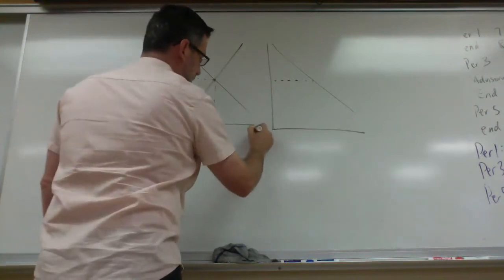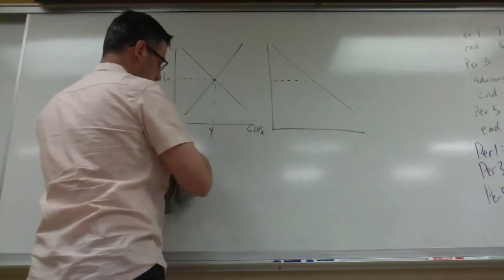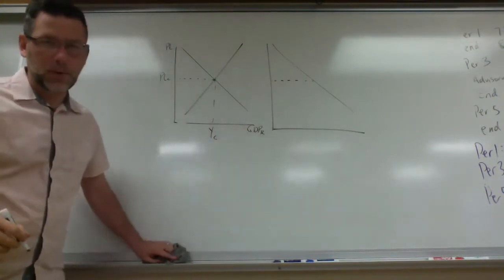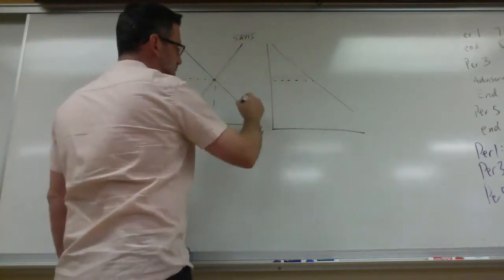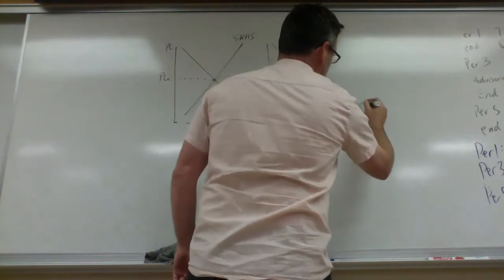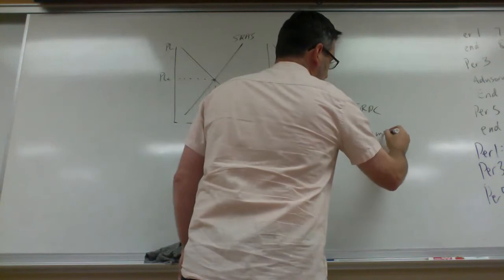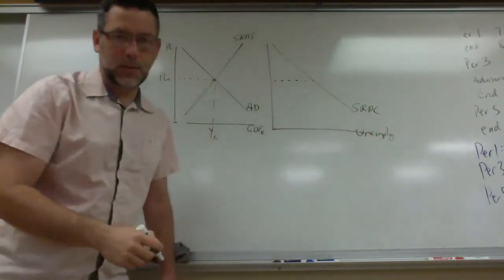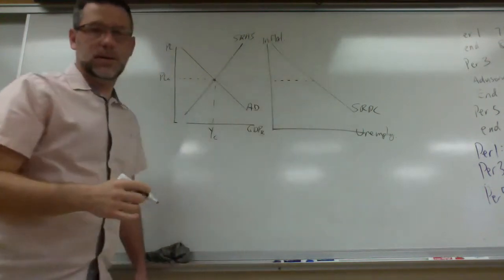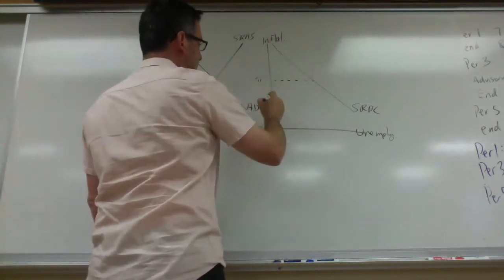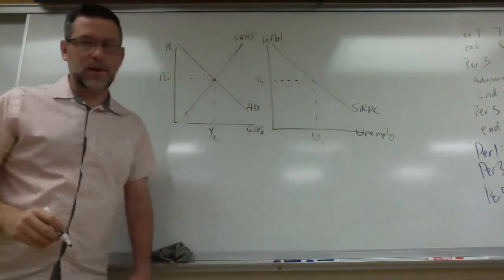This is going to be my current output. Short run aggregate supply, aggregate demand, label short run Phillips curve. We're going to label that unemployment. We're going to label this inflation. This is my current inflation level. And then that's my current unemployment level.